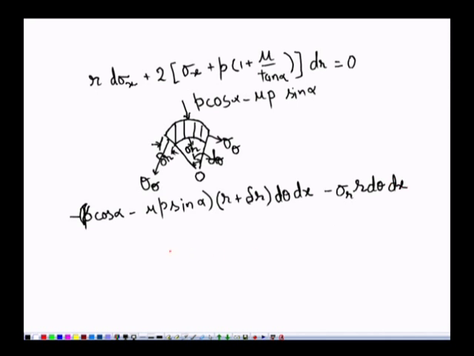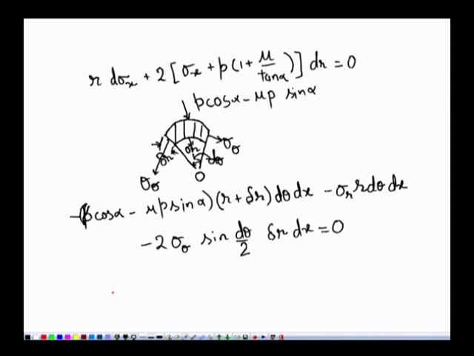Now, the another component, that is minus 2 sigma theta sine of d theta by 2 into the del r into the dx, this is equal to 0.